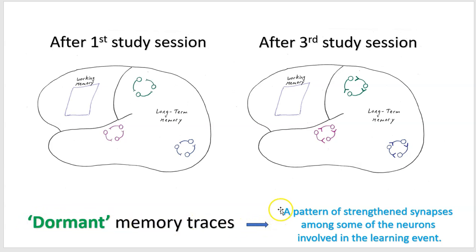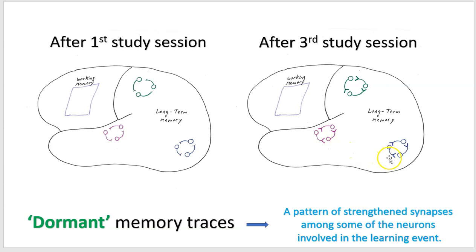So what is a memory in the brain? It's a pattern of strengthened synapses among some of the neurons involved in the learning event. You'll recall when we were seeing something or hearing something, some population of neurons gets activated, and a subset of those neurons will grow stronger connections with each other, forming a network that represents what we saw and what we heard.